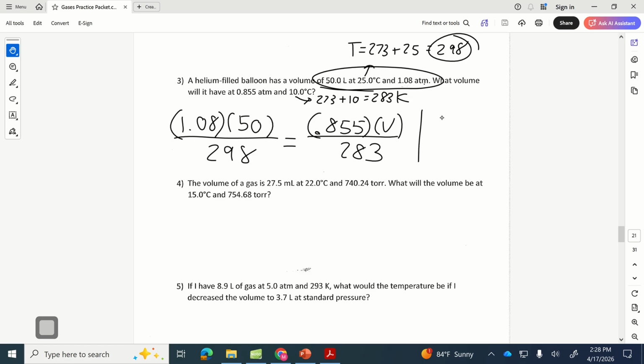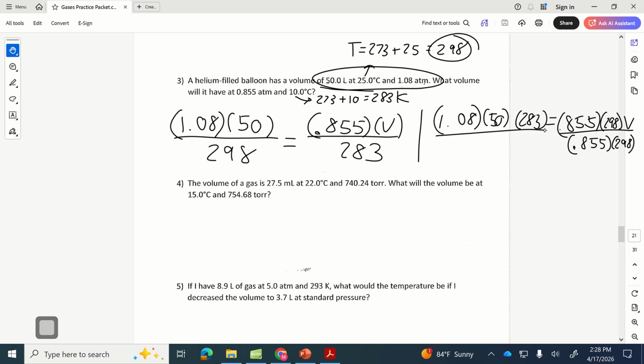Cross multiply, 1.08 times 50 times 283 equals 0.855 times 298 times V. Divide out the 0.855 times 298, and solve.